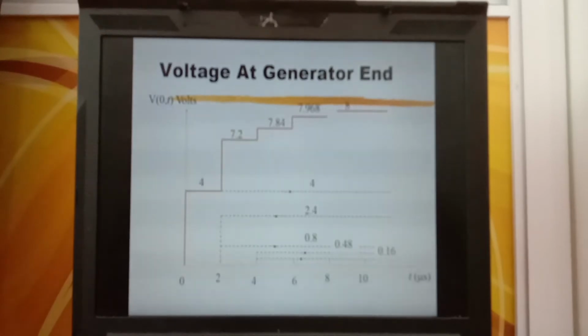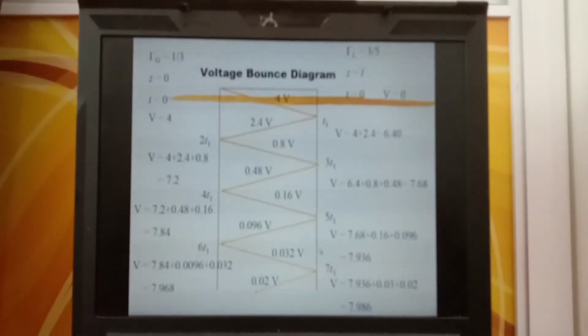And then at time t equals 4t1 or 4 microseconds, we have a wave of 0.48 volt coming back from the load, and then we have a wave reflected towards the load with a voltage of 0.16 volt.